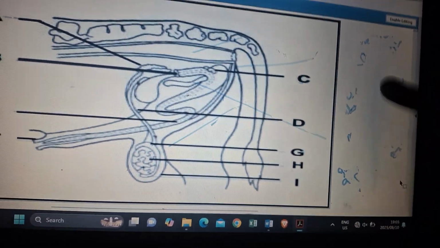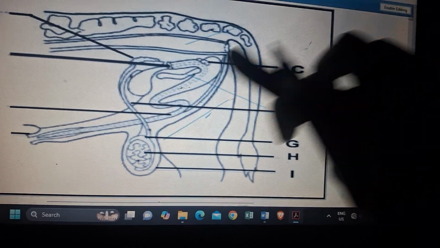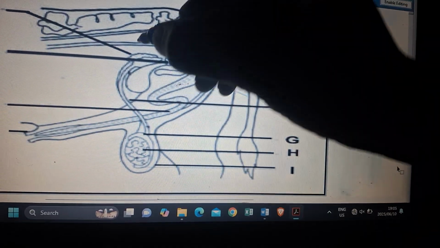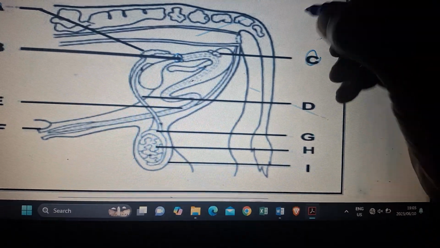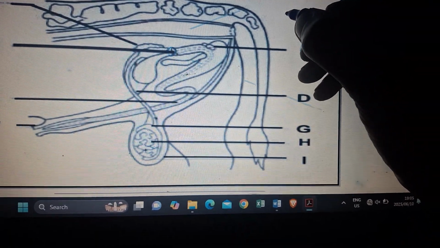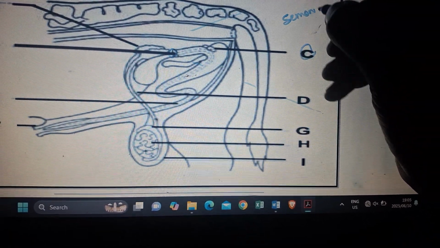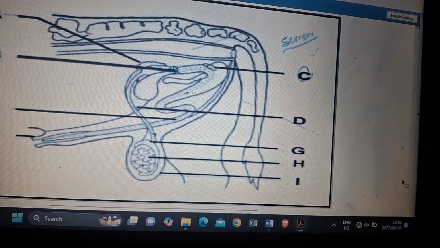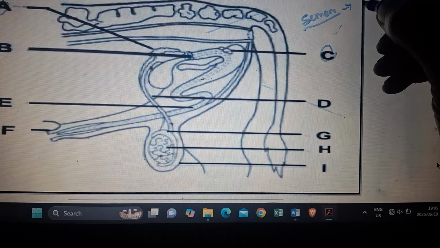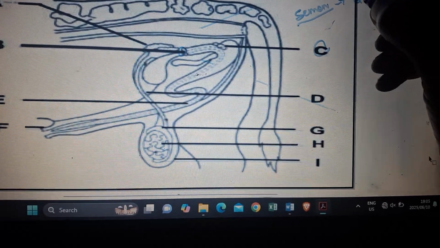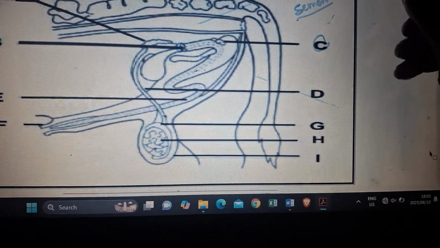So collectively, the fluid produced by these three accessory glands, A, B, and C, will combine and form what we call what? Semen. What is the semen? Semen is the fluid produced by the accessory glands.